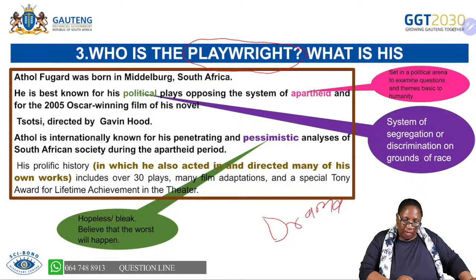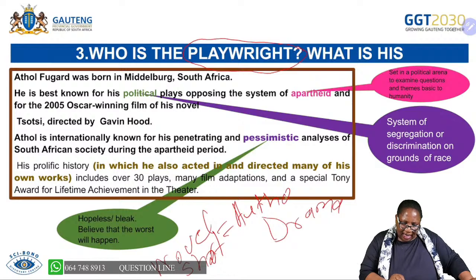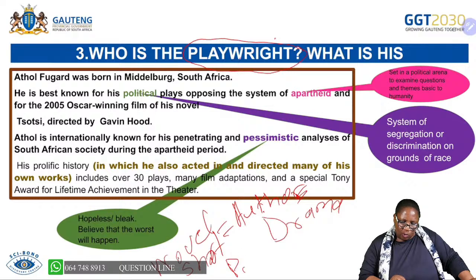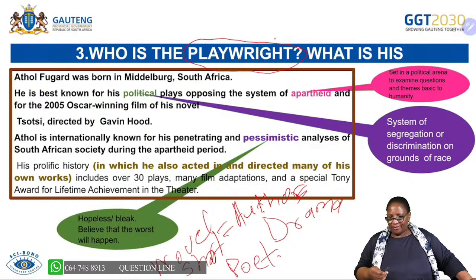Somebody who writes novels and short stories, we call them authors, right? So there's the difference between playwright and author. And somebody who writes poetry, we will call that person a poet, right?